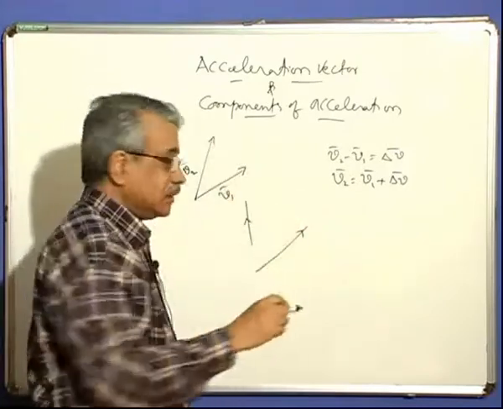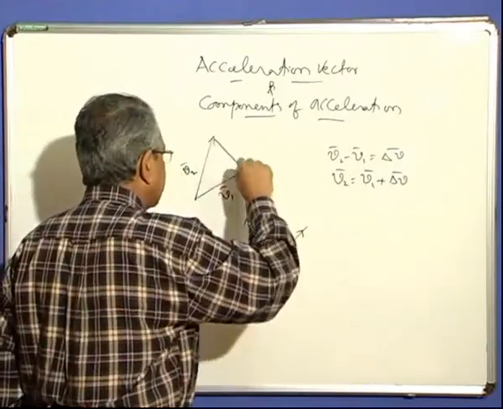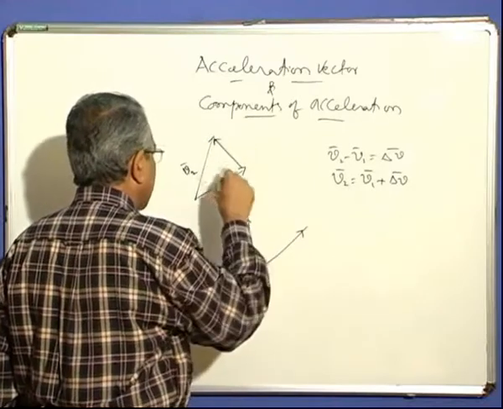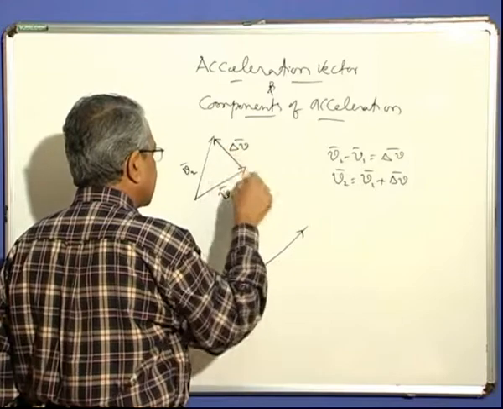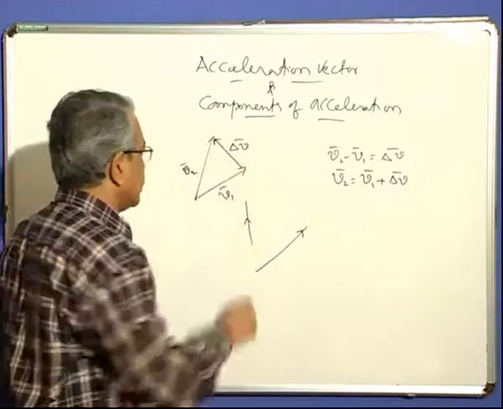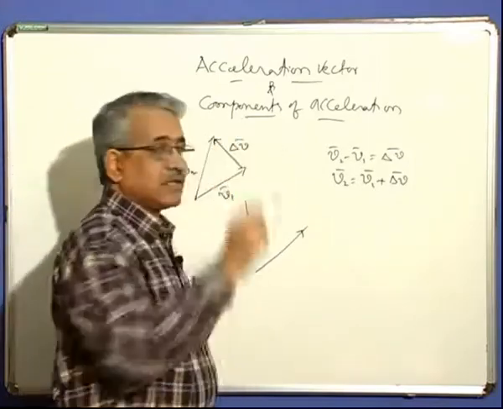By the triangle law, you will be able to get the final velocity v2 as the sum of v1 plus delta v. So delta v must be in this direction. So what is delta v? It is the change in velocity.